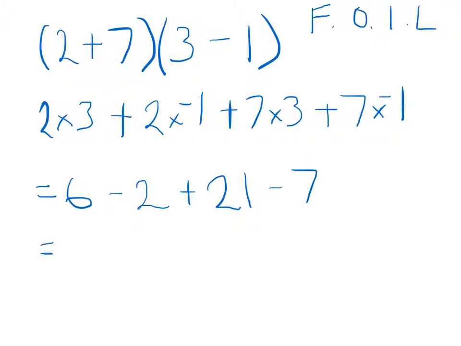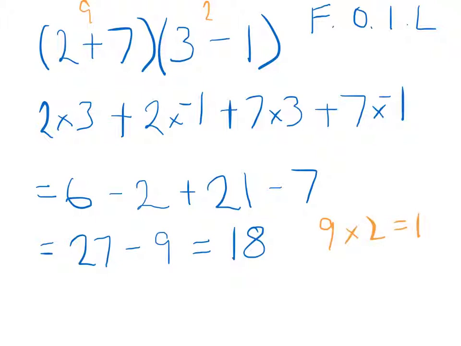This gives us 27 minus 9, which equals 18. Now if we look back up the top, we can double check: 7 plus 2 is 9, 3 minus 1 is 2, so 9 times 2 equals 18. Yes.